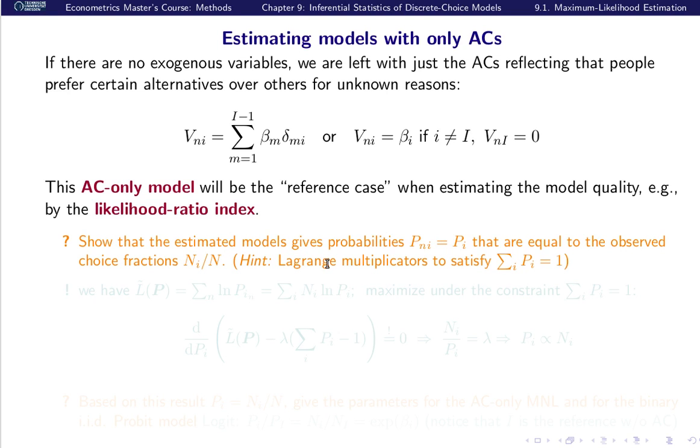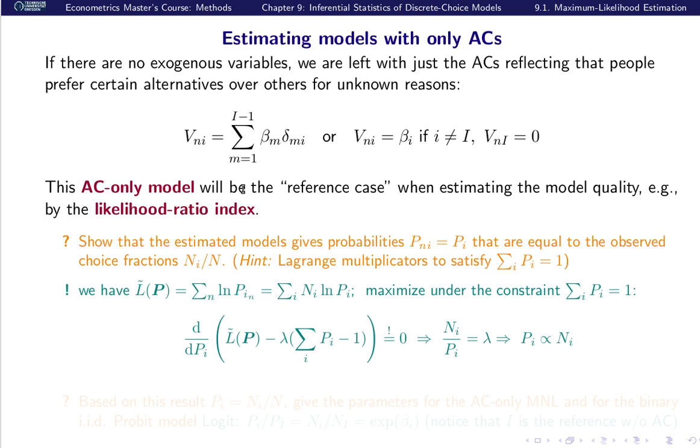That means we need to maximize the log likelihood with respect to the p vector, satisfying the condition that the sum of all probabilities equals 1. And if you minimize or maximize something with restraints, the proper way to do it is using Lagrange multipliers. We will see how this works. So first the log likelihood function.